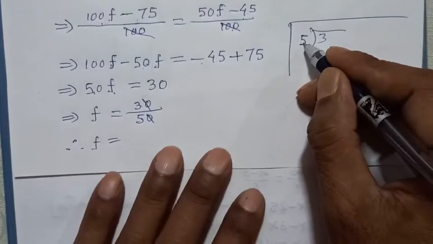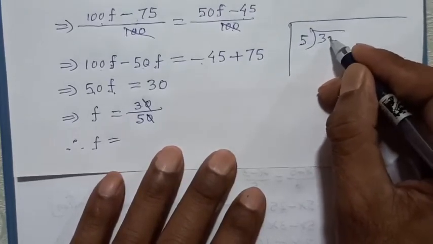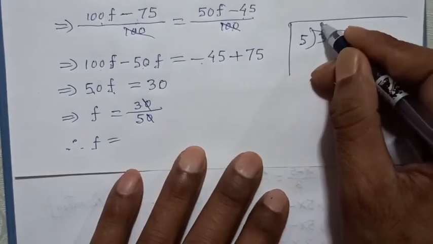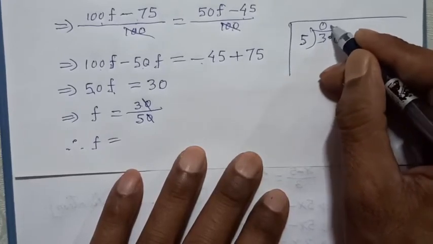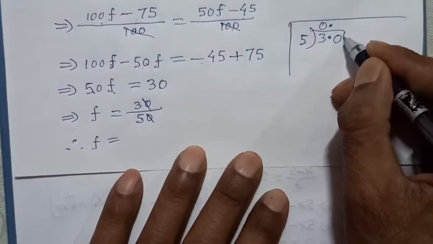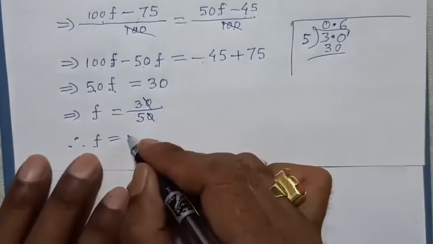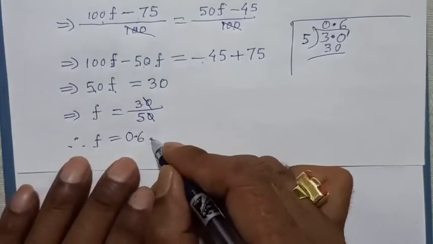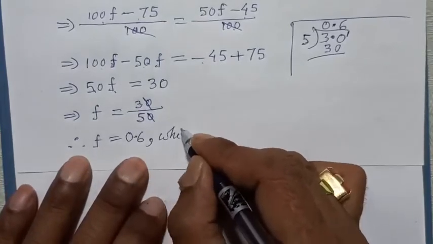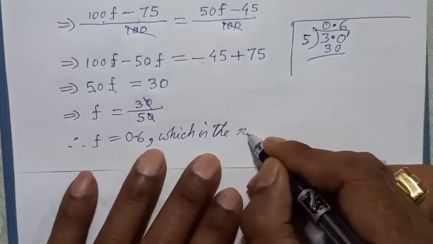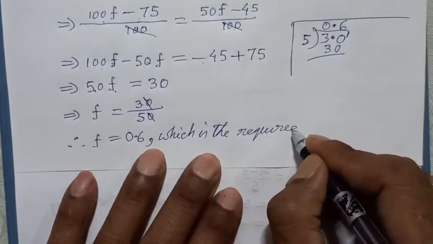Since 5 is bigger, we cannot divide 3 by 5, so put point and 0. 5 cannot divide 3, so put 0. Then after that, keep this decimal point, then take up to this. 5 6 times is 30, so we are getting 0.6, which is the required solution.